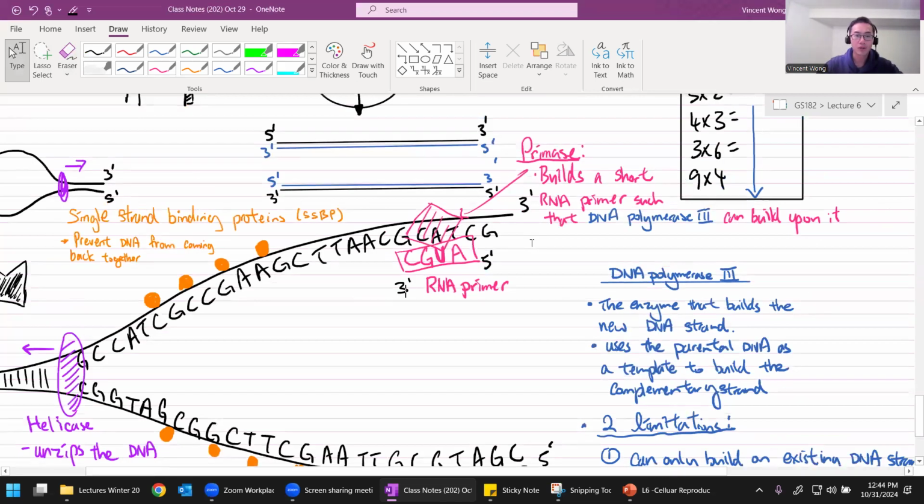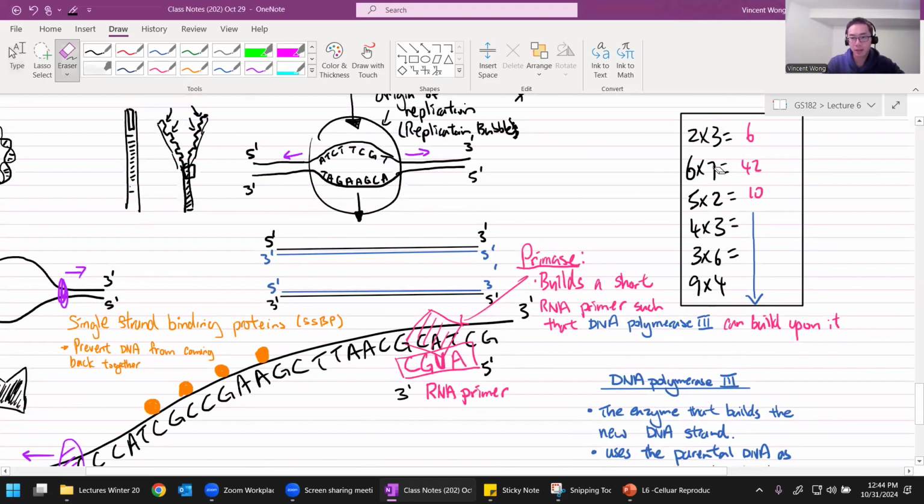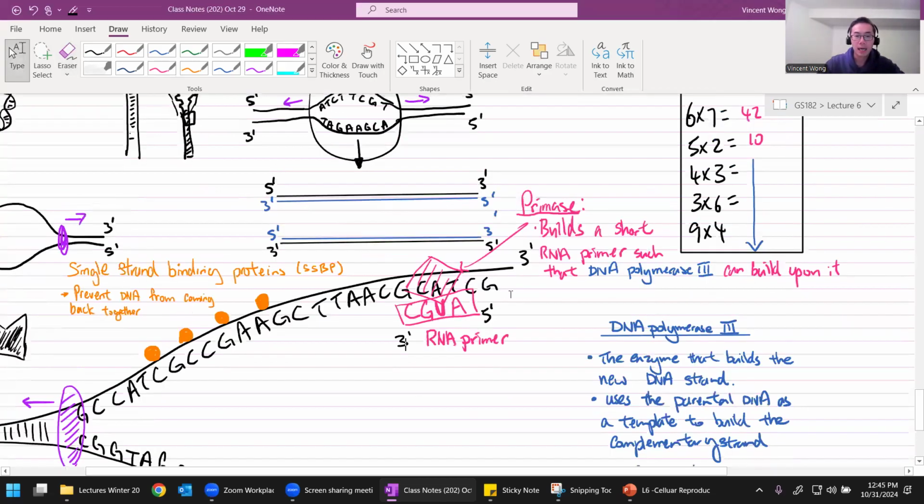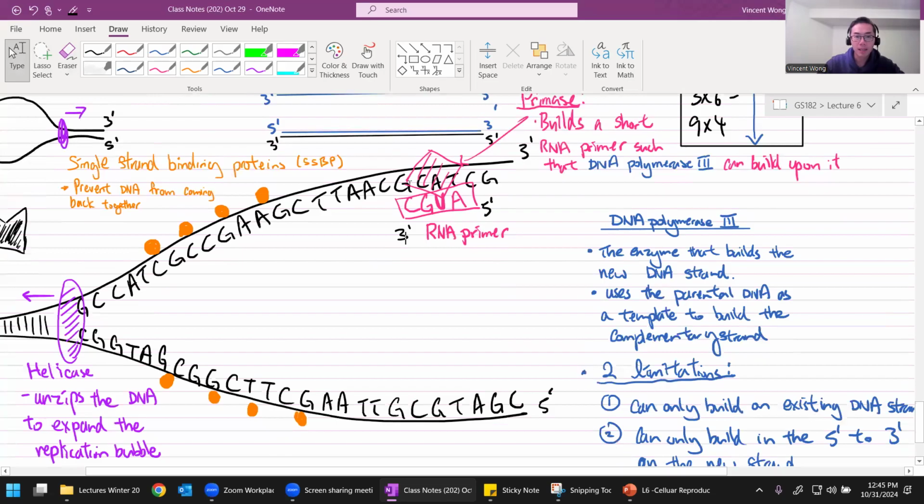Now, next question. So back to the analogy, right? After I do a few questions, then my daughter is able to finish the rest of the sheet herself. And same thing here. After the primase puts down a few primers, DNA polymerase 3 will be able to do the rest. But here's another question for you, right?